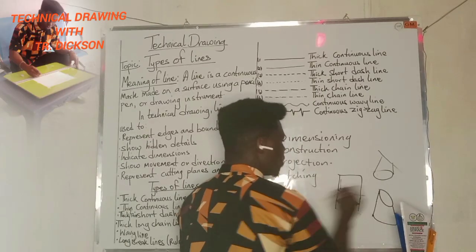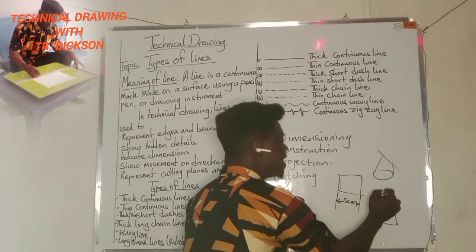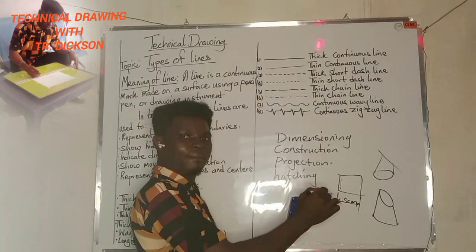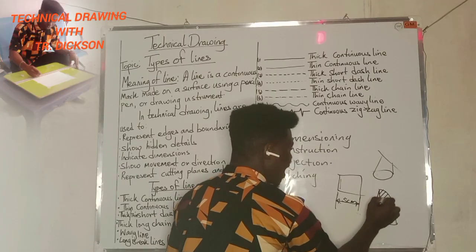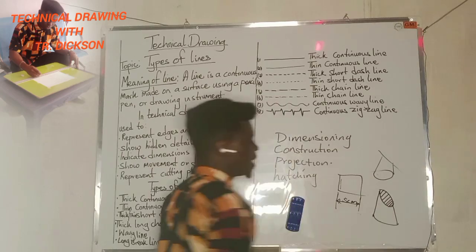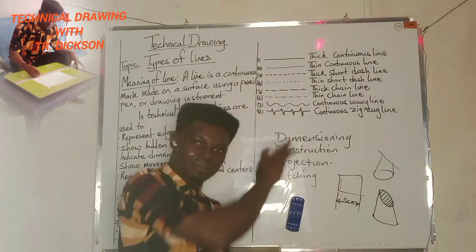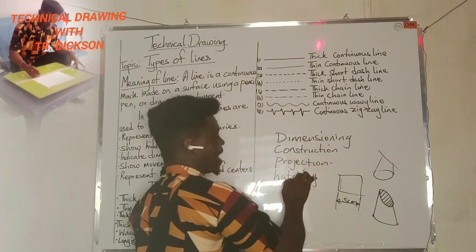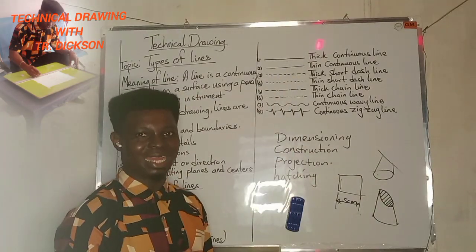Now, for me to show that this is the indicated cutting plane, I will have to do lines at angle 45. Now these lines I am drawing inside the cutting plane is what we call hatching line. All right, so we use thin continuous line to represent that.